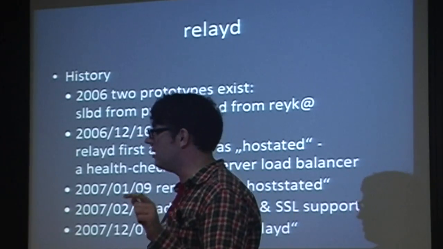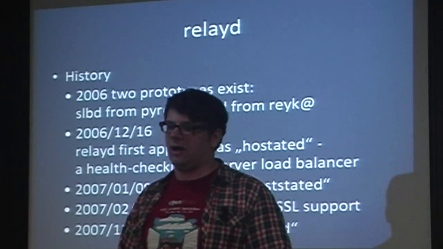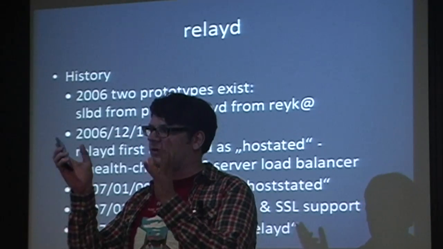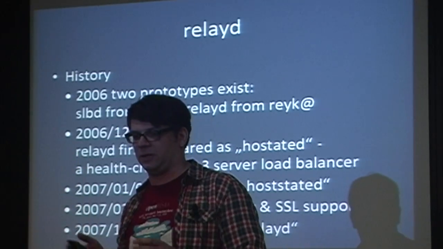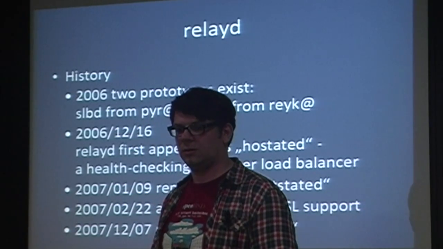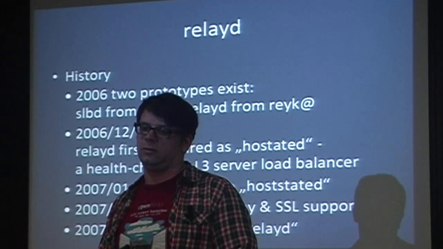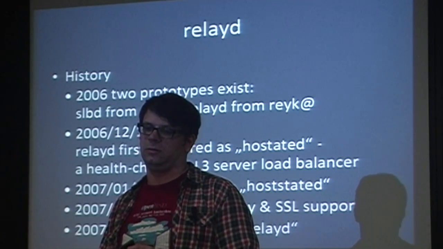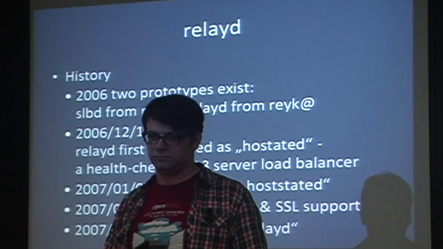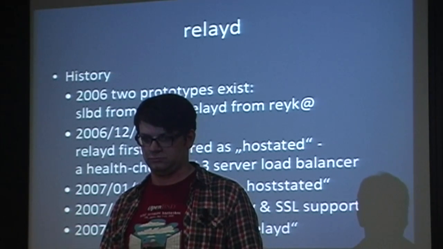Because at this point, it was only possible to use the RDR option with a table to do some kind of load balancing. That had been there for a while, and people kept asking us to add a feature to PF to detect dead backend hosts and remove them. And we kept telling people this is wrong. You need a user daemon that does the checks and removes the dead hosts. Somebody implement that, we didn't want to do this. Somebody please do it. And nothing happened for about a year.